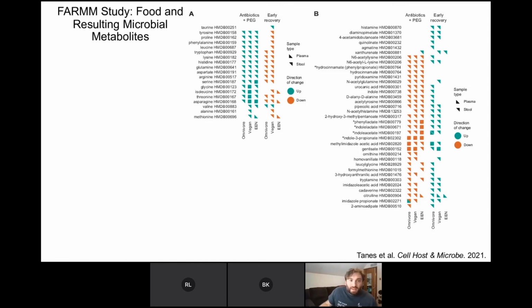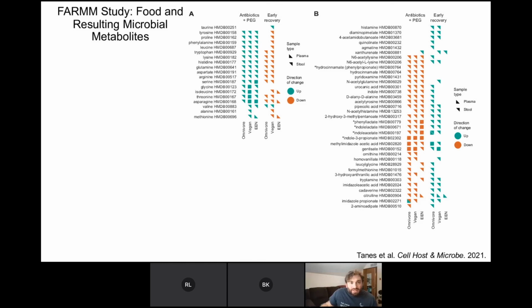Blue indicates that the metabolites went up, and red indicates they went down. And we observed these in both plasma and stool. Downward leftward facing triangle indicates plasma, up and right facing indicates stool.